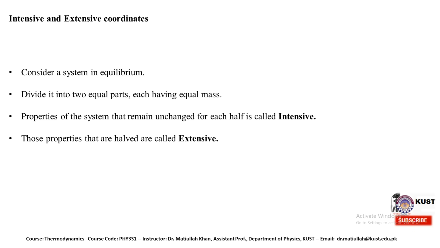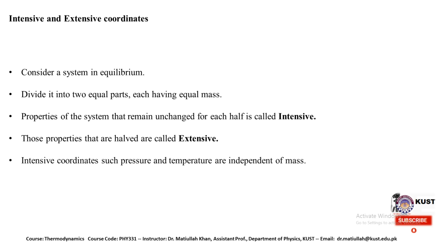The extensive coordinate is the mass, as it is divided, because it depends upon the mass. So intensive coordinates such as pressure and temperature are independent of mass, but extensive properties depend on mass.